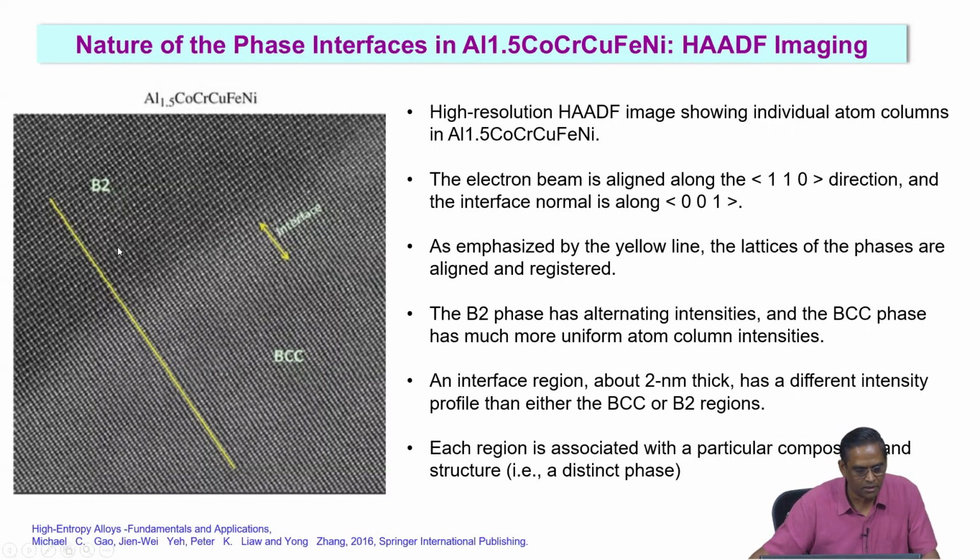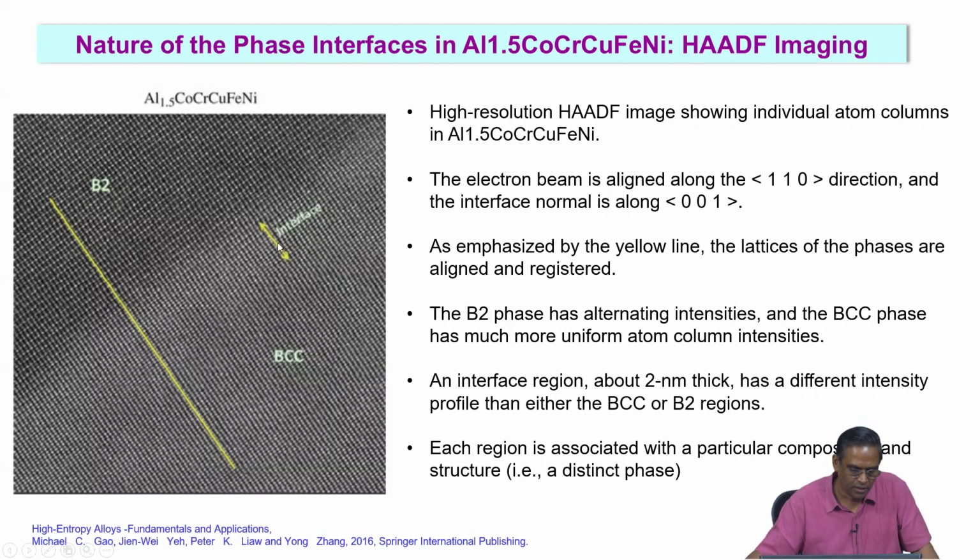You can see that there is a bright line, all bright spots, and then immediately after that there is a dull spot, and then again bright, and then again dull. So you have two different elements, the atomic scattering factor is different, so accordingly they will appear like that.